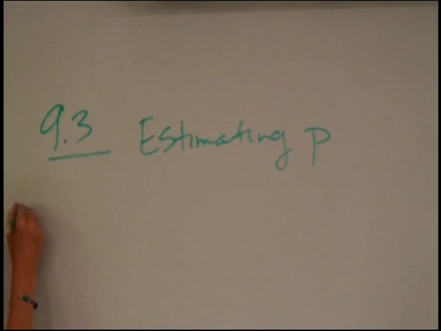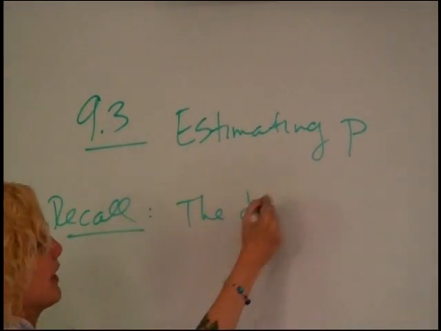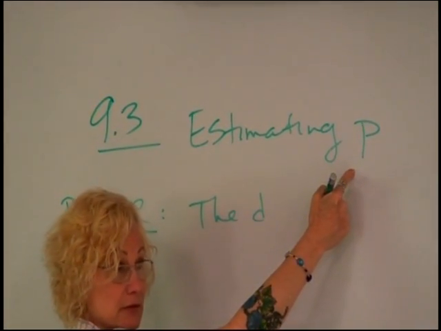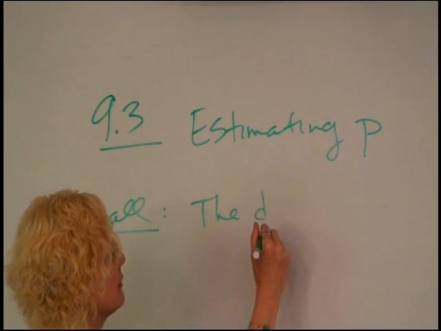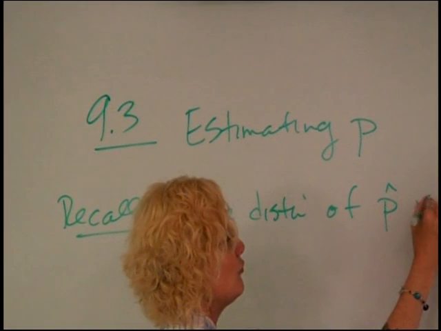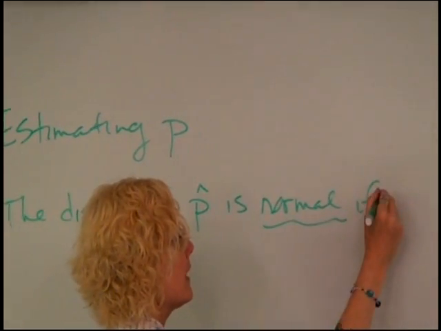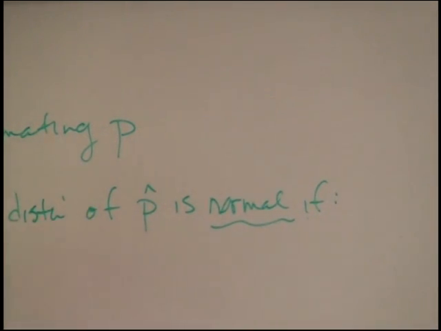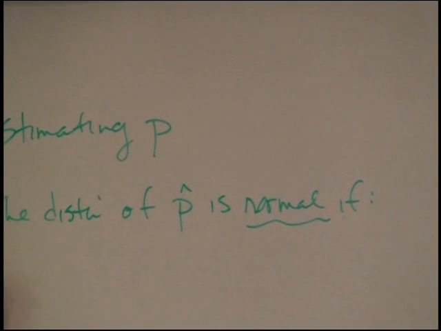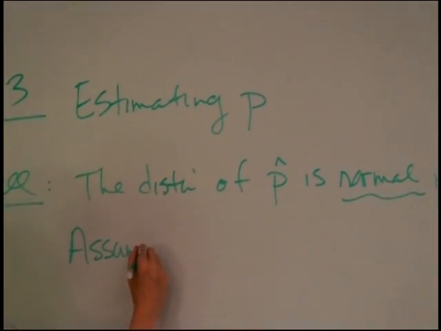And if you recall, we have to know about the distribution of its sample statistic, which is p hat, in order to estimate P. And we found out that the distribution of p hat is normal if a couple of assumptions, or criteria, were true.